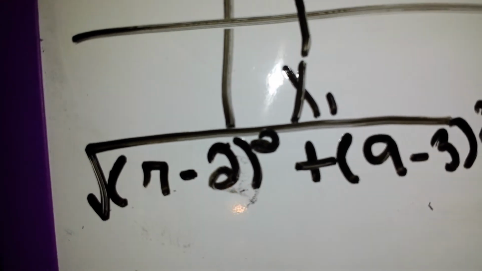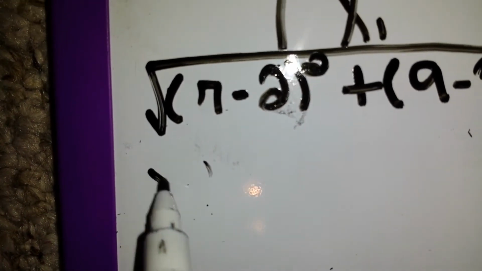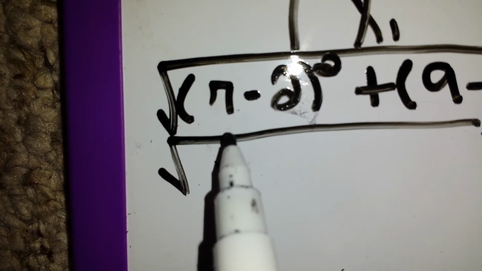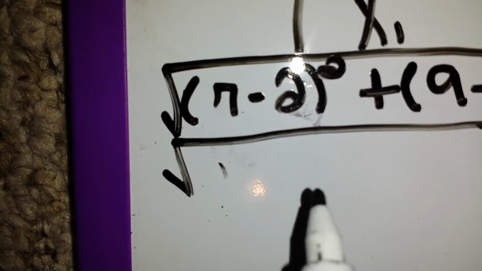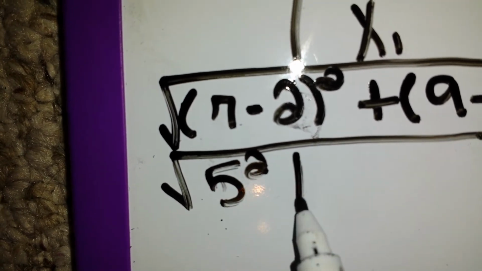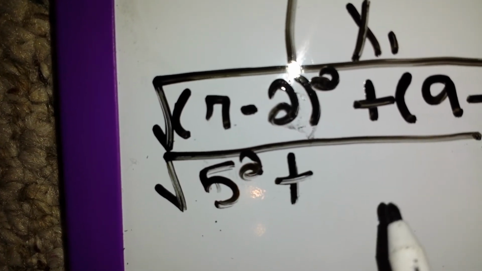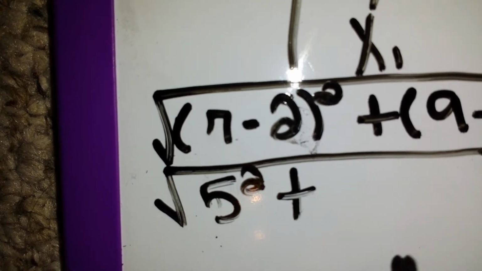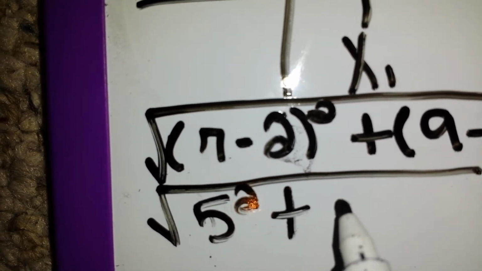So now 7 minus 2 is 5, so 5 squared, plus 9 minus 3 is 6, so 6 squared.